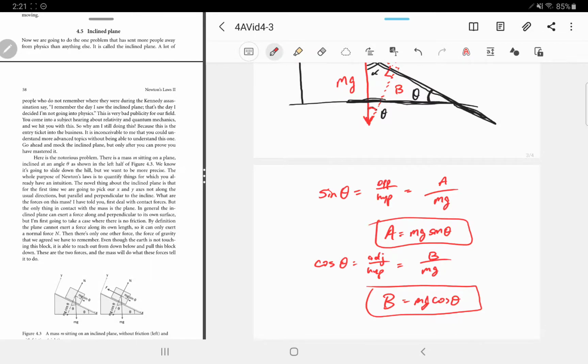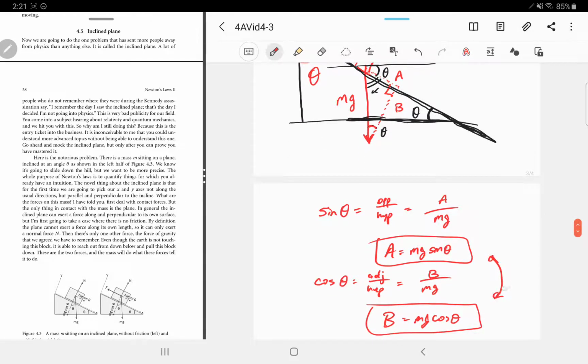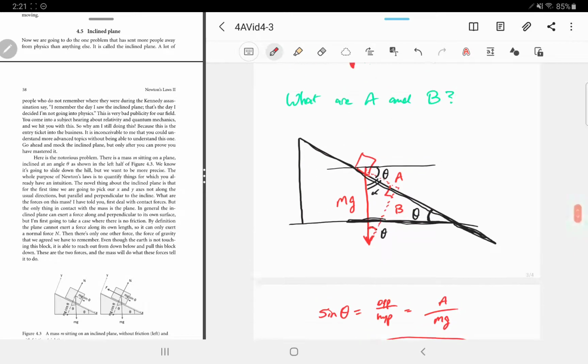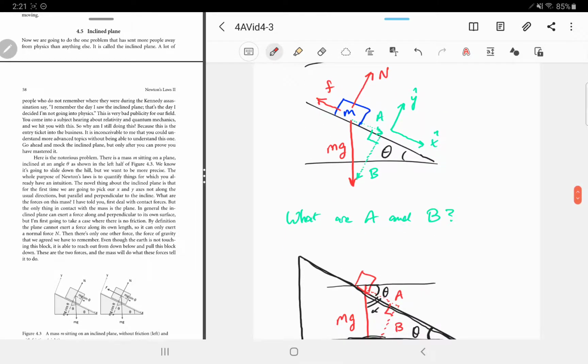You'll see that over and over, but keep in mind that assumes theta is measured relative to the horizontal. If we called this theta instead, then that would change things. Then these two things would flip. So be careful about that. Okay, so A is mg sine theta, and B is mg cosine theta in magnitude, but keep in mind that it's pointing in the negative y direction.